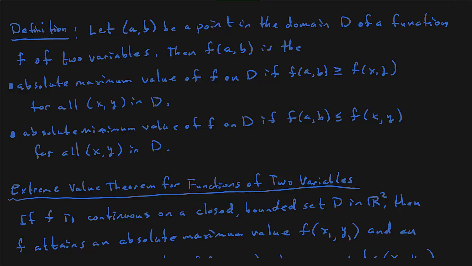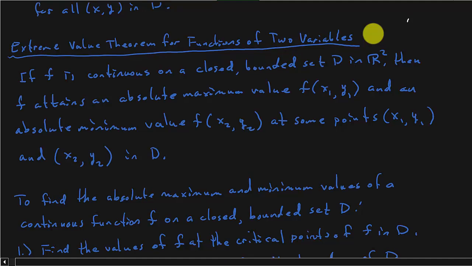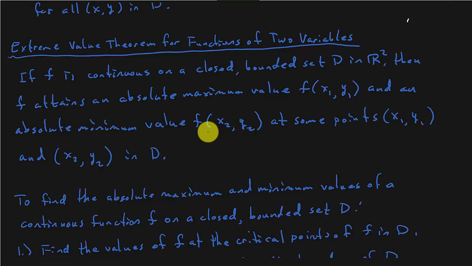Then f of (a, b) is the absolute maximum value of f on D if f of (a, b) is greater than or equal to f of (x, y) for all (x, y) in D, and an absolute minimum value of f on D if f of (a, b) is less than or equal to f of (x, y) for all (x, y) in D. Extreme value theorem for functions of 2 variables: if f is continuous on a closed bounded set D in R2, it's going to be in the xy plane, then f attains an absolute maximum value f of (x1, y1) and an absolute minimum value f of (x2, y2) at some points (x1, y1) and (x2, y2) in D.